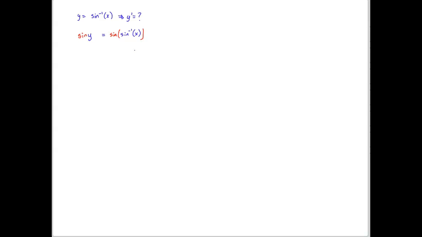Now on the right-hand side, what is this going to simplify to? What happens when I compose those two functions? Sine of inverse sine of x is just going to leave me with just x, right? So what I have now, after simplifying, is that sine of y equals x.